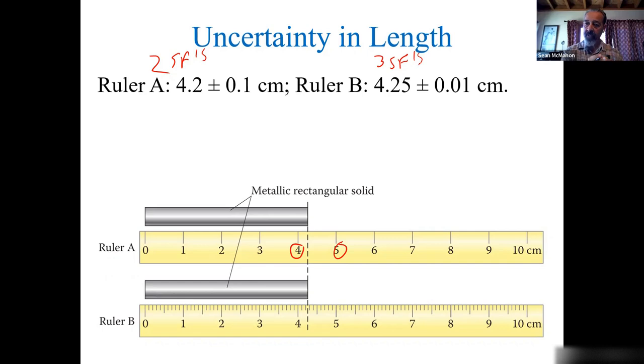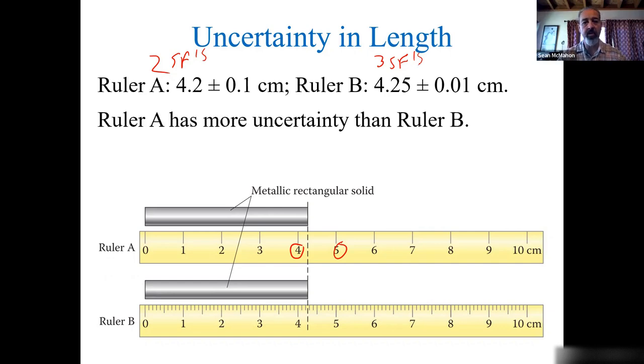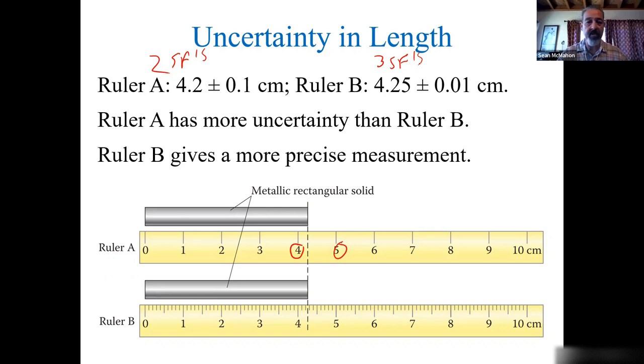So being more precise is going to lead to better accuracy, and it's going to make me more consistent with my measurements. So ruler A has more uncertainty. I only go to the tenths. It's not as precise, right? Ruler B goes to the hundredths. So ruler B gives me more precision. I want to use that for my measurements.